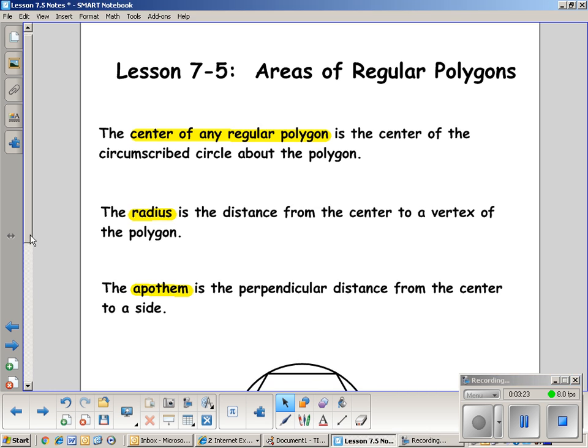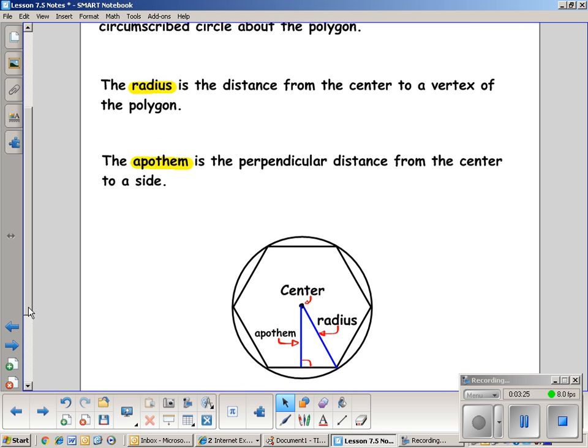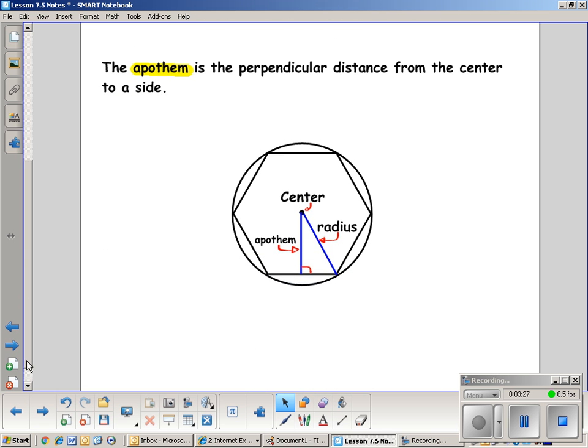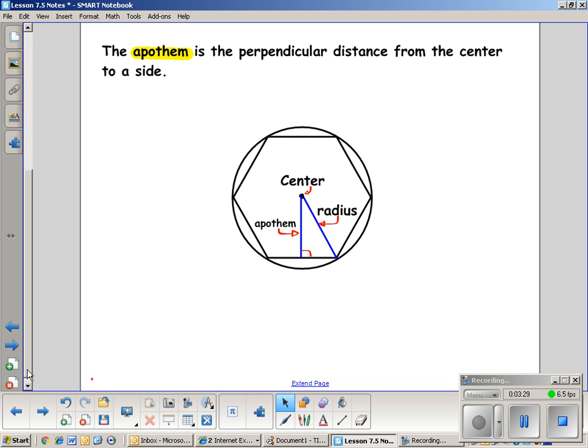These words are important to what we're going to be looking at here, and so I want to make sure we get a copy of this picture so you know where to find the apothem, where the radius is going to be. And we notice that this is a hexagon. It has 6 sides, and the hexagon is circumscribed within this circle.